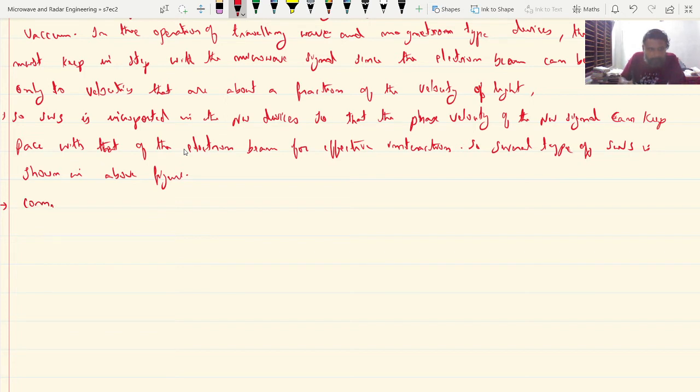The commonly used slow wave structure is nothing but a helical coil with a concentric conducting cylinder.